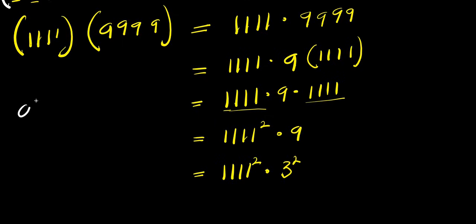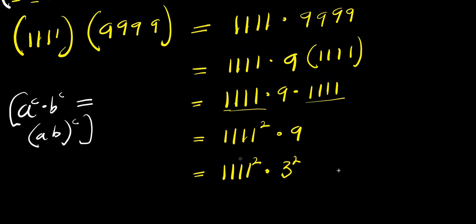Now, if you have a power c times b power c, this equals a times b to the power of c. So this means we are going to have 1 times 3 to the power of 2.